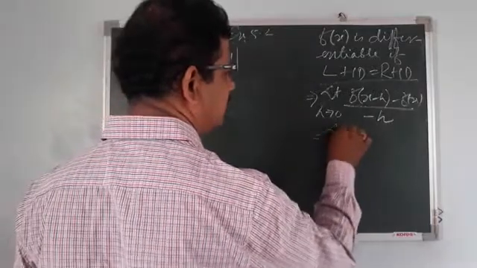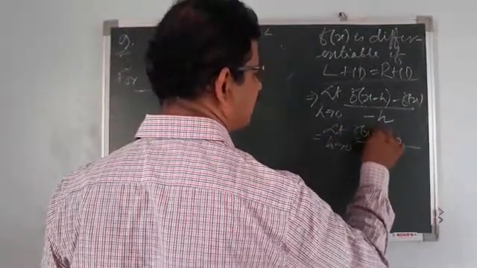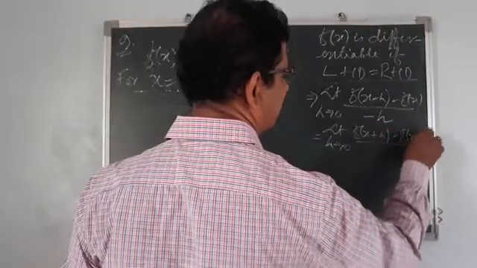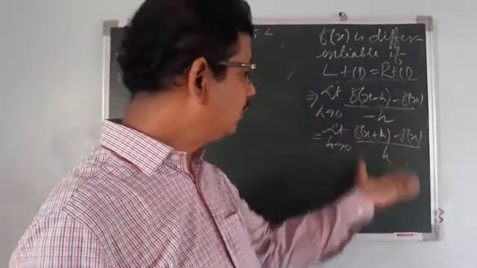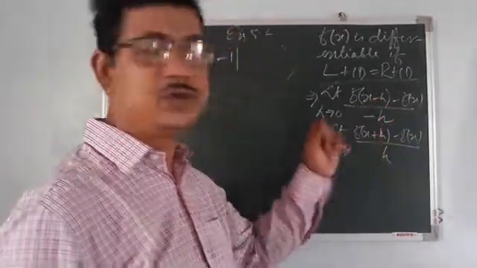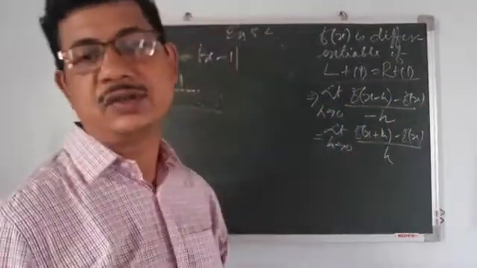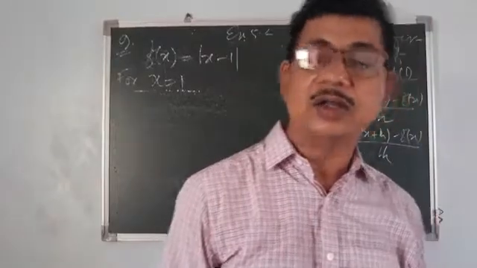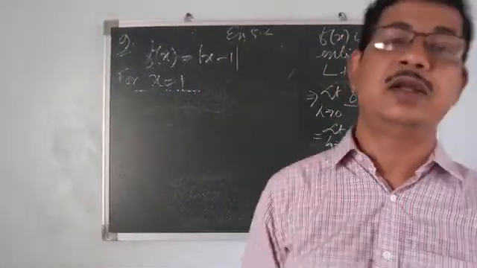And RHD: limit h tends to 0, f(x plus h) minus f(x) by h. Here all things are the same, only minus h, plus h. That you have to remember. This portion is LHD, that portion is RHD. If both are equal, then you can say f(x) is differentiable at that point.